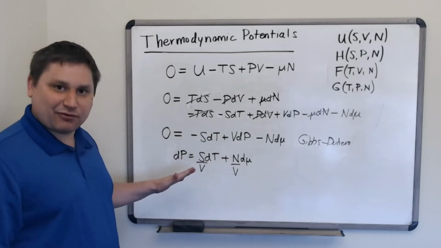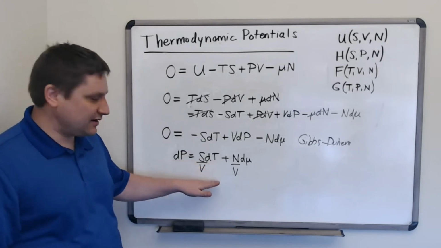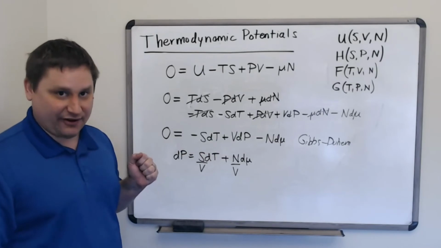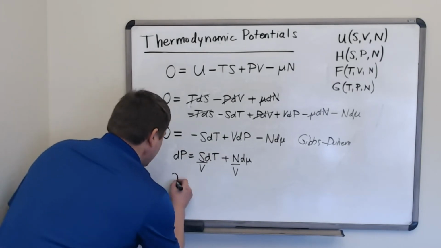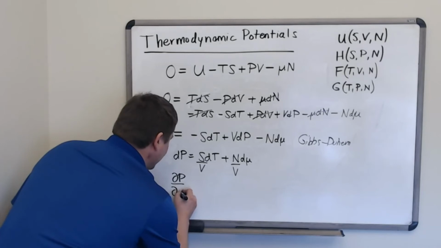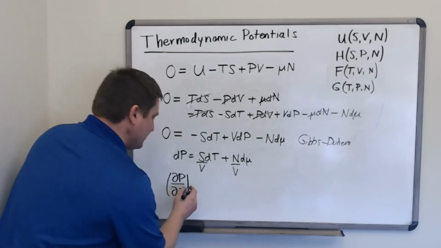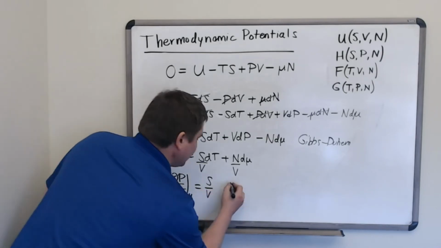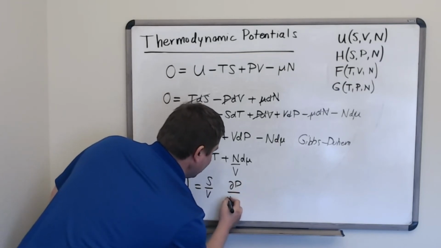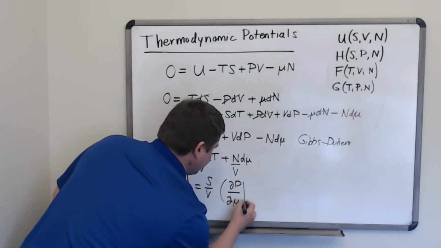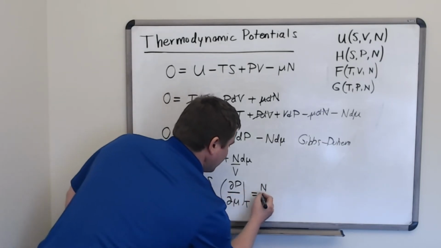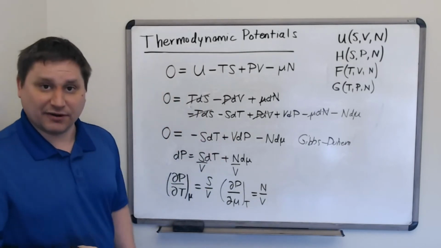If we express the pressure in terms of temperature and chemical potential, it will not involve any extensive quantities at all. If we take the derivative of pressure with respect to temperature, we will get the entropy per volume. And if we take the derivative of pressure with respect to chemical potential, while holding temperature constant, we will get the number of particles per volume, or the number density.